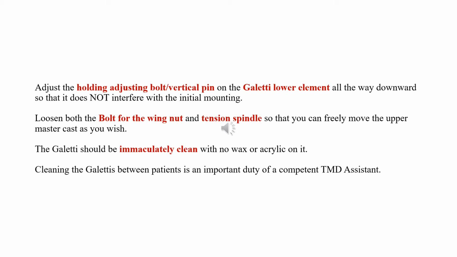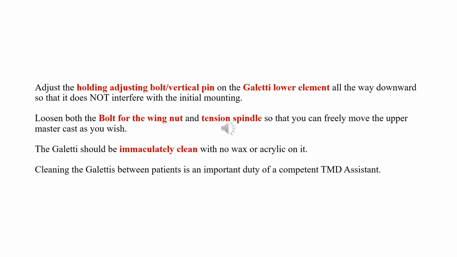But this is the vertical pin, I call it, and it holds the upper element up and prevents it from closing. And it's located on the lower element of the Goletti. And turn it clockwise all the way down so it doesn't interfere with your initial mounting, okay? That's the first thing you do.